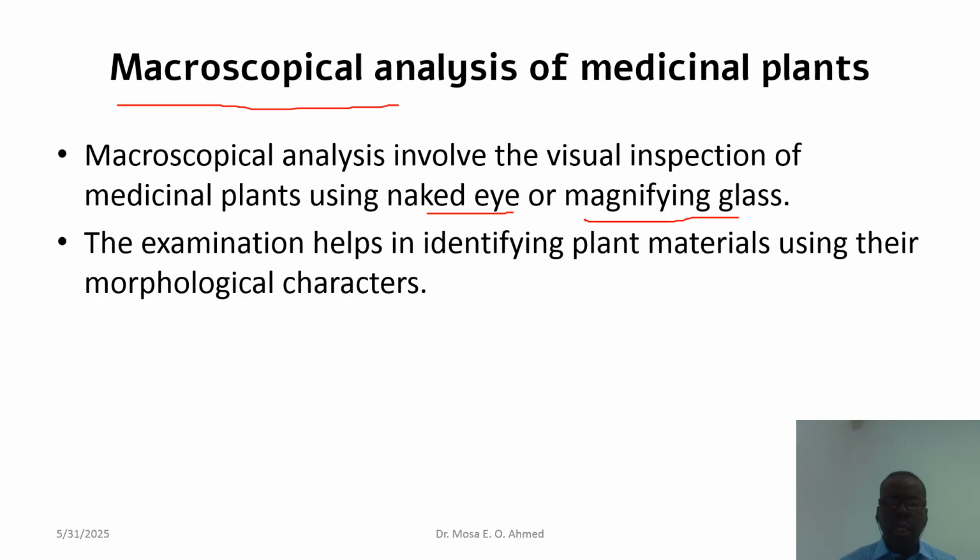So the examination helps in identifying the plant material using their morphological or organoleptic characters, اللي هي الخصائص الظاهرية أو الخصائص اللي عندها علاقة أو ممكن معرفتها بالحواس، الرائحة، اللون، الملمس and so on.